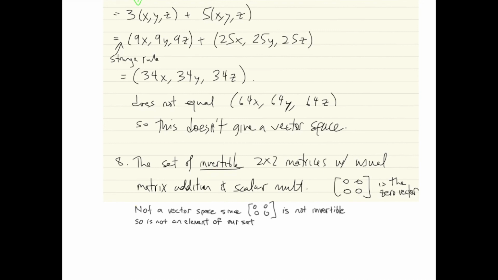That means the matrices that have inverses, and there's a very convenient way to check if a square matrix has an inverse: it's if the determinant is non-zero. The determinant of the 0 matrix is 0, and so this 0 matrix does not have an inverse. It's not invertible, and so this 0 matrix is not an element of our set in question, so the set can't be a vector space.